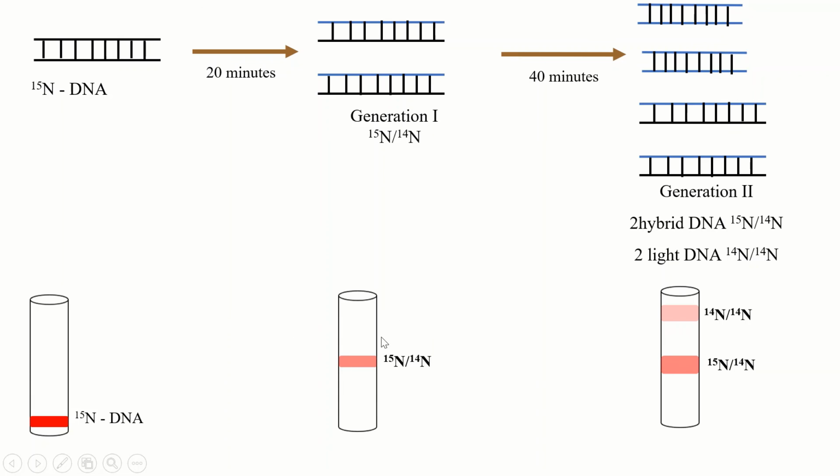In the first generation, we can observe that hybrid DNAs are formed, which have one strand of 15 and one strand of 14. And in addition, we can observe that the two hybrid DNAs are formed, which have intermediate density, and the other 2 have light density, which are present at the upper surface of the density gradient.